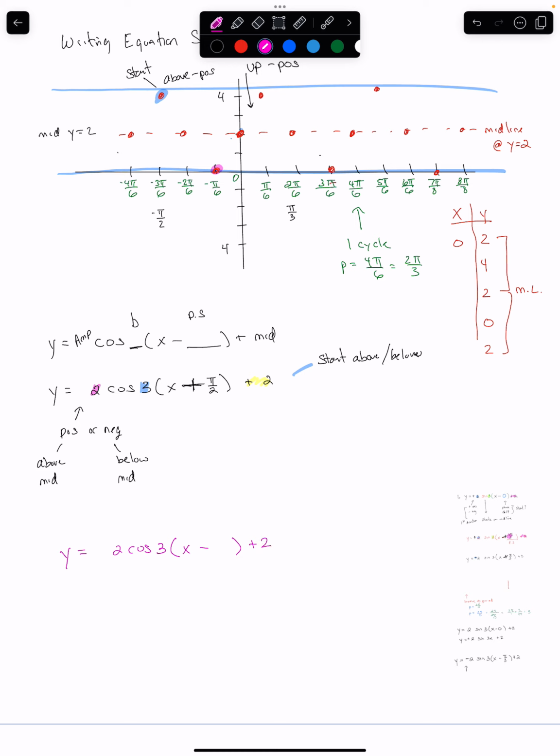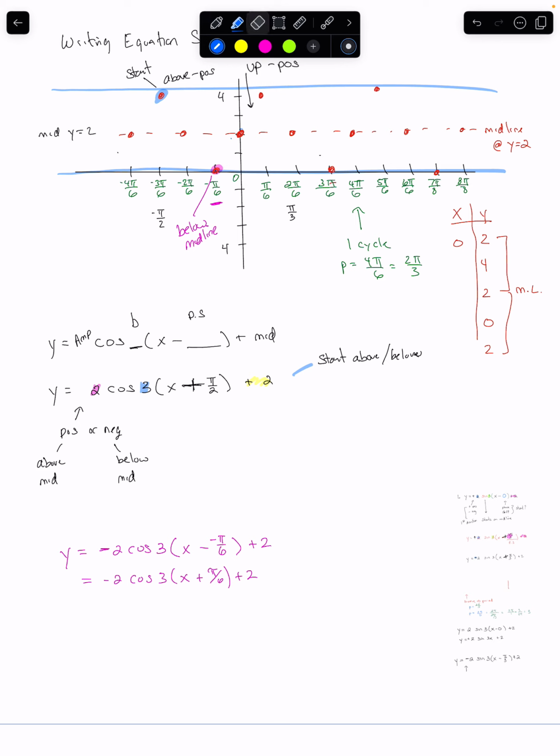In this case, I'm using negative pi over 6 here, so minus negative pi over 6 is my phase shift. And the fact that it's below the midline means my cosine is going to be negative. So simplified, negative 2 cosine 3 times x plus pi over 6 plus 2.